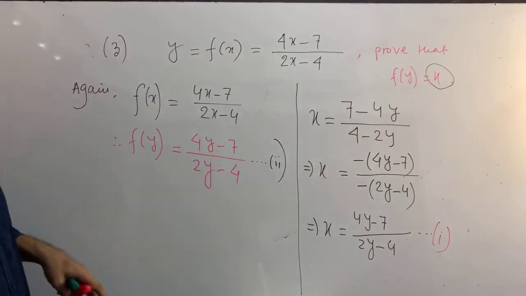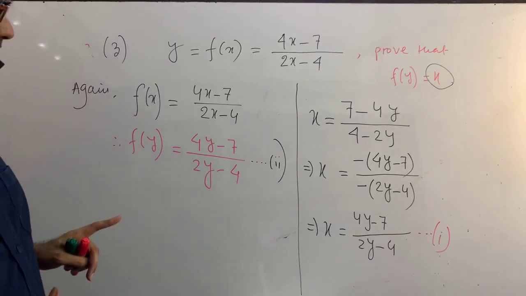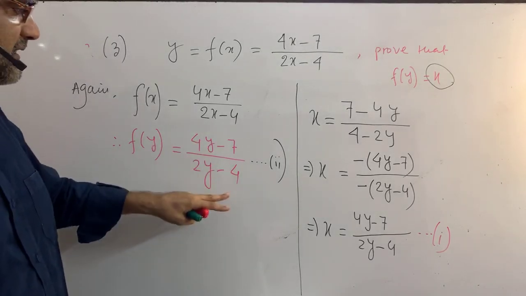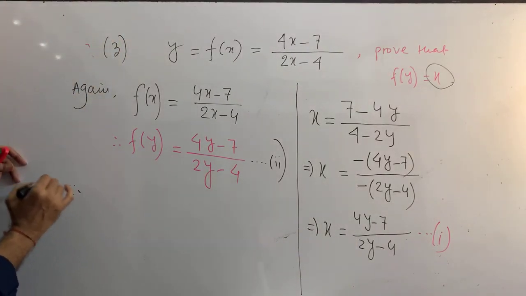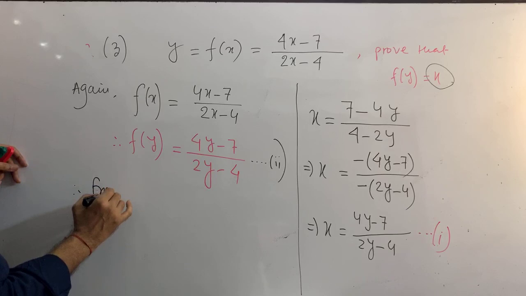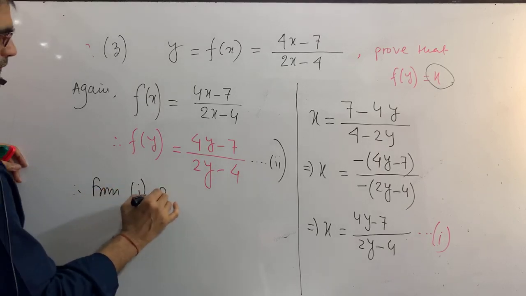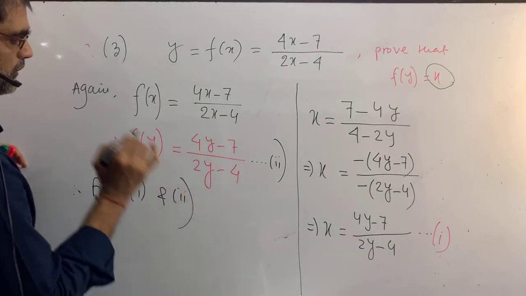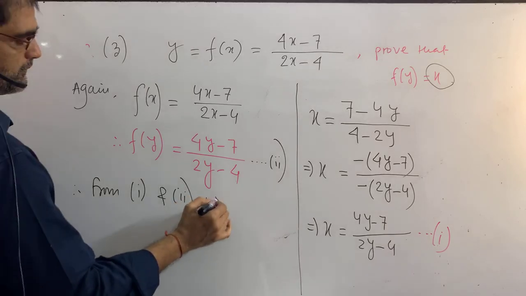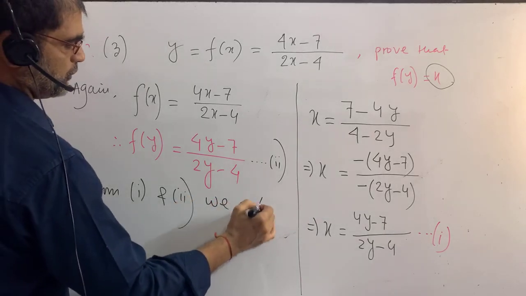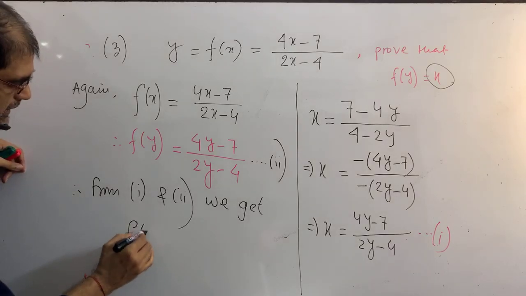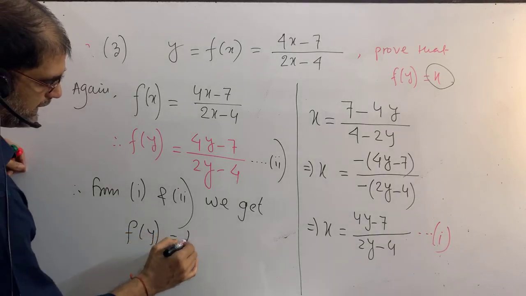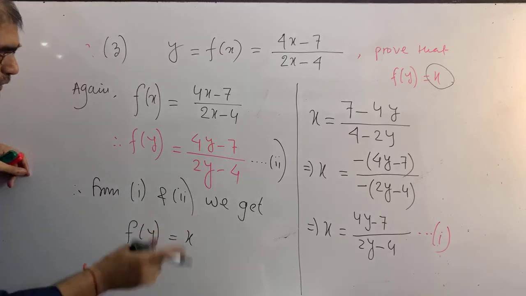Now you see equation 1 and equation 2, they have right hand sides equal. Therefore from 1 and 2 we get f(y) equals x, and that we were told to prove.